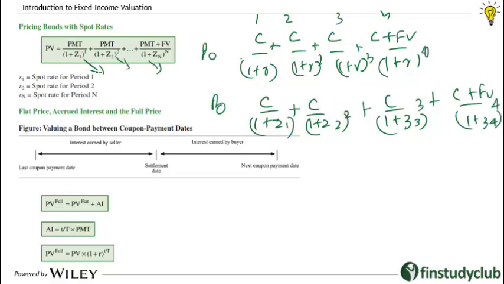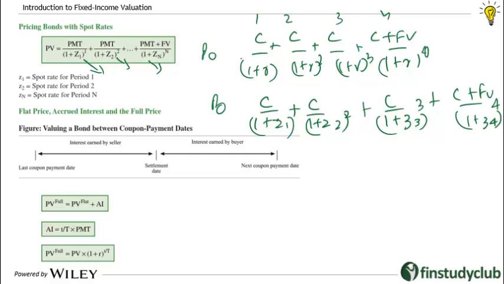The 1 period spot rate is essentially the YTM of a 1 period zero coupon bond. A 2-year spot rate is the YTM of a 2 period zero coupon bond, and so on and so forth. So one can arrive at the value of a bond by discounting the cash flows with the spot rates.